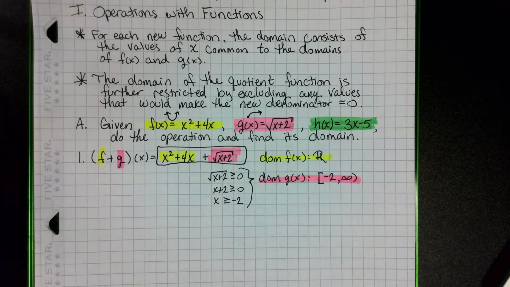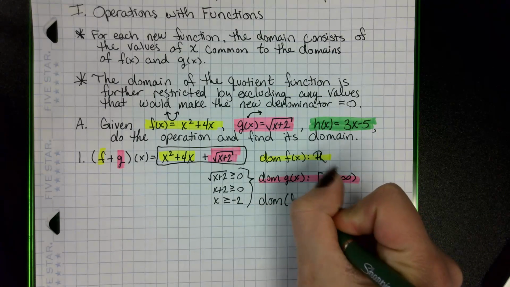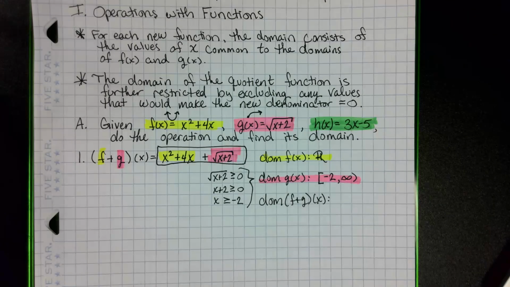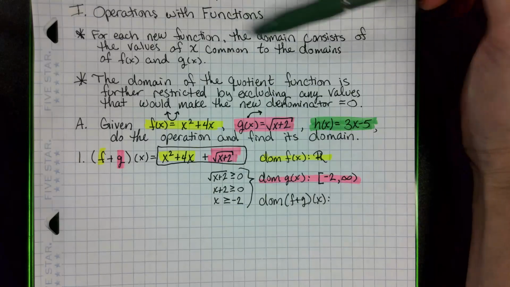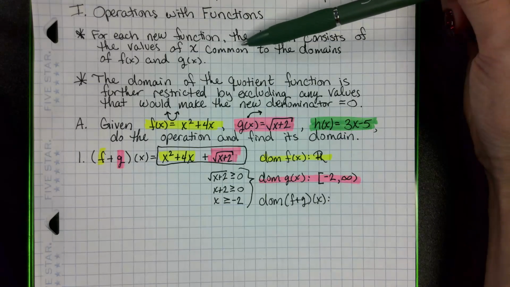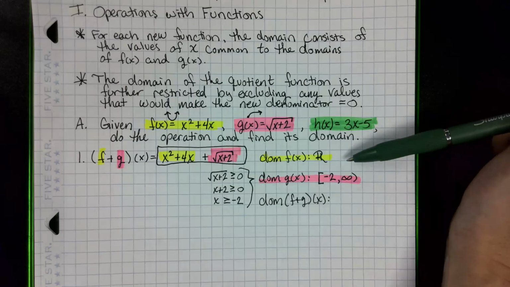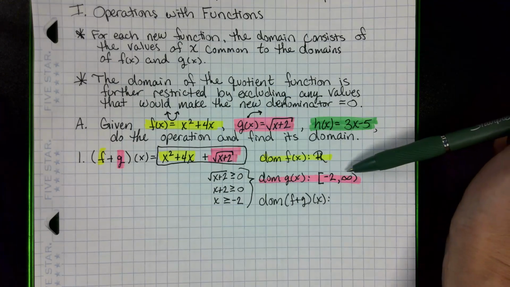So if we want the domain of f plus g of x, according to this first bullet point, for the new function, the domain consists of the values of x that are common to the domain of f and g. So f of x includes all values, but g of x only includes from -2 to infinity.